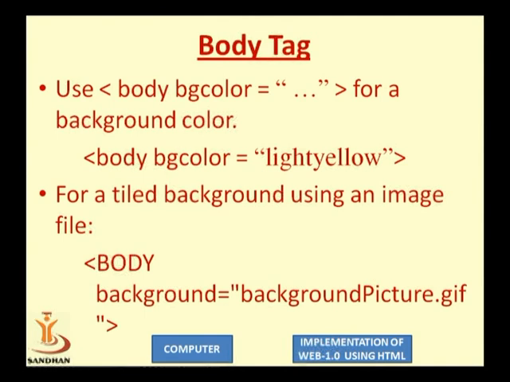We can even put an image in the background, right? So the attribute is background. The attribute bgcolor is used when we want a background color, and if you want to use any image, then the background attribute is used.